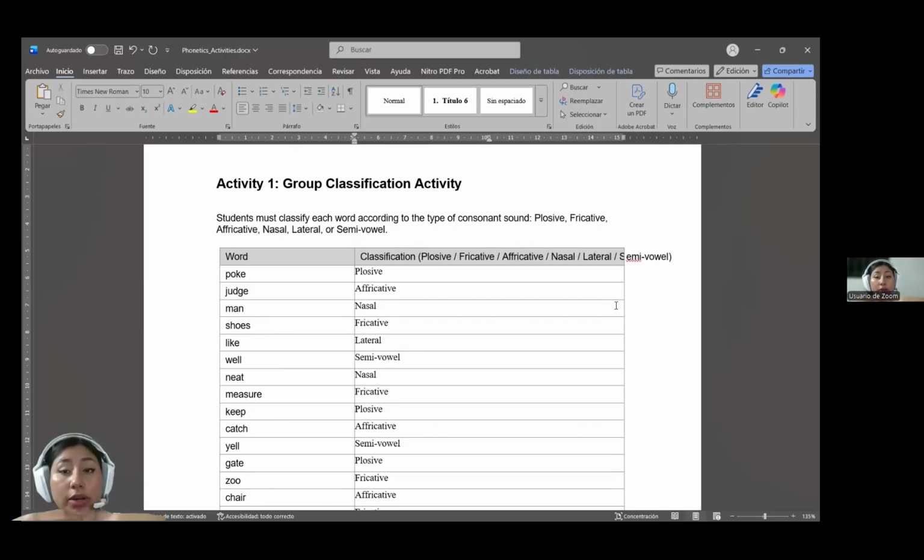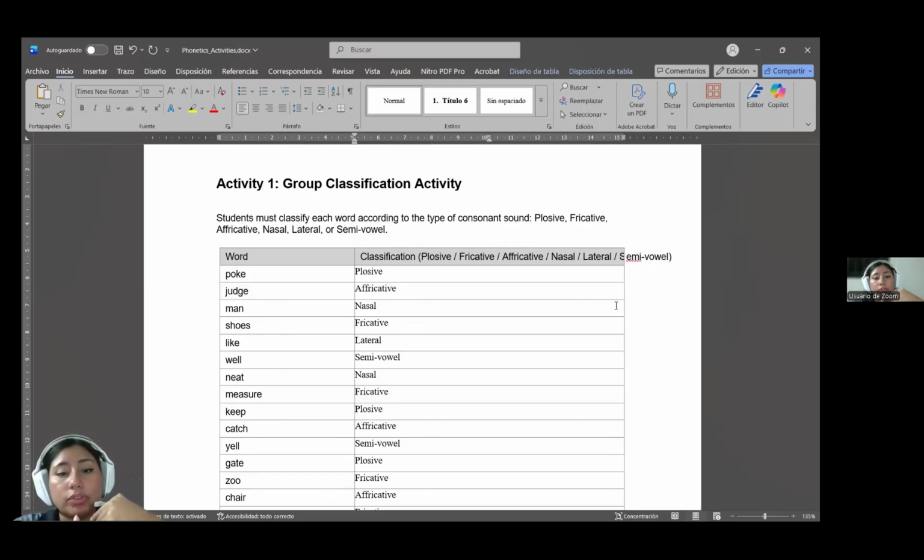I would like you to think about this question. Why do you think pronunciation is sometimes difficult for Spanish speakers? Exactly. Many English sounds don't exist in Spanish, and that is why we need to practice and be aware.